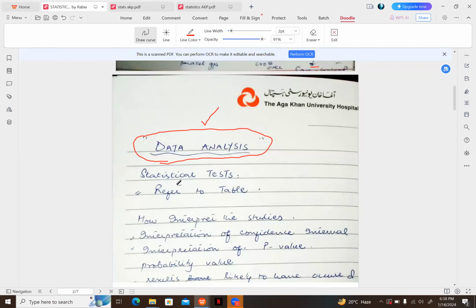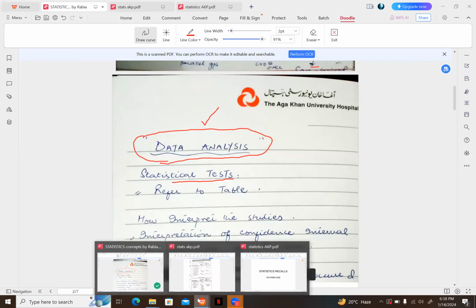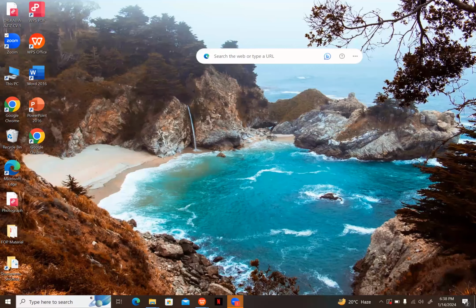So we have different statistical tests, which are also given in your AKP master course book, but I have a better table for you which I found easier. I think I should show you that table.